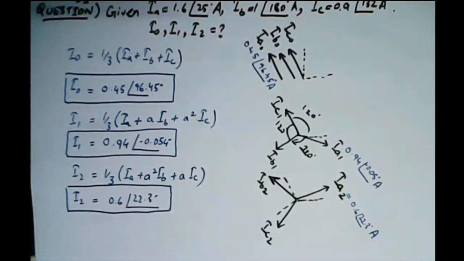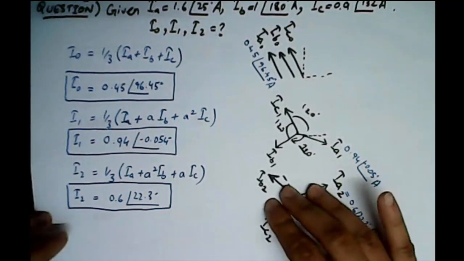Now let's look at another example in which we need to do the opposite. We have the sequence components here, and we want to find the value of the unbalanced phasors, right?